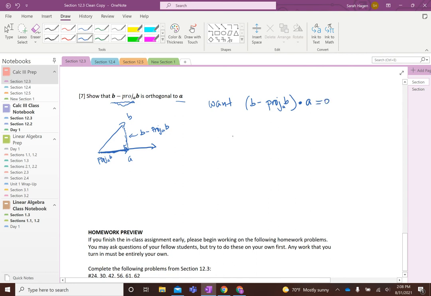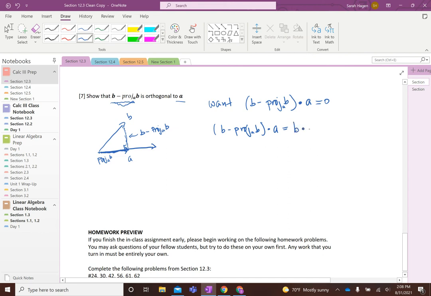So let's do some calculating. From our properties of the dot product, if we do B minus the projection dotted with A, we can distribute the dot product through.